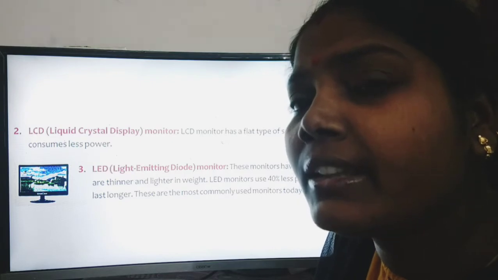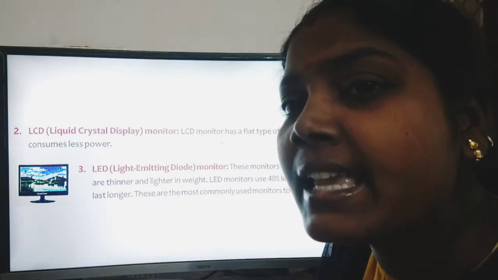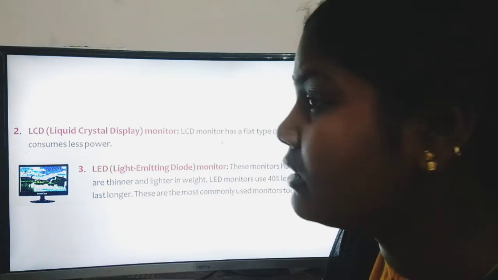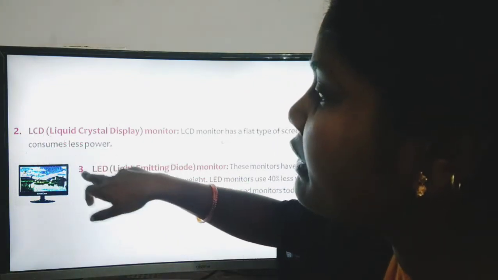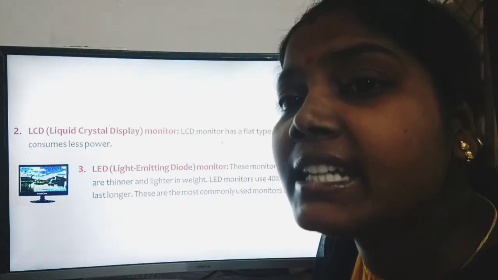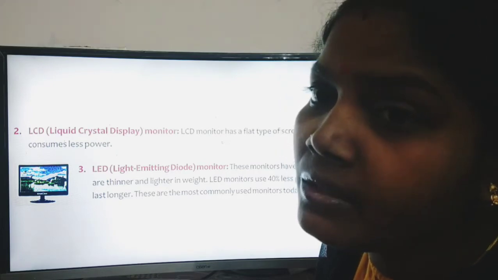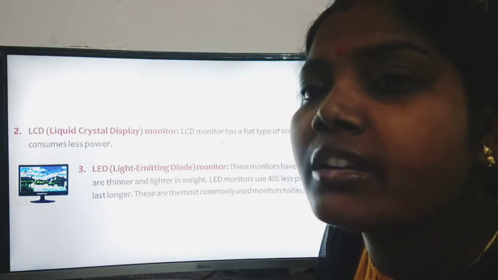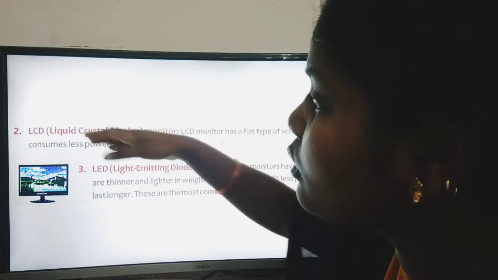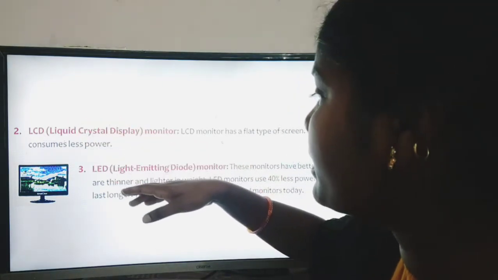After that they went to another type of monitor, that is LED. So you should know the difference: the first monitor is CRT, the second one is LCD, and the third one is LED. Look at the difference between the monitors, dear student.